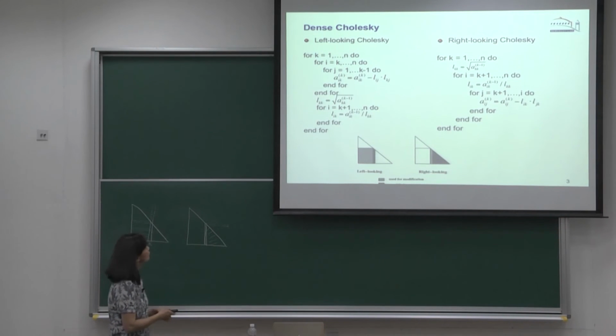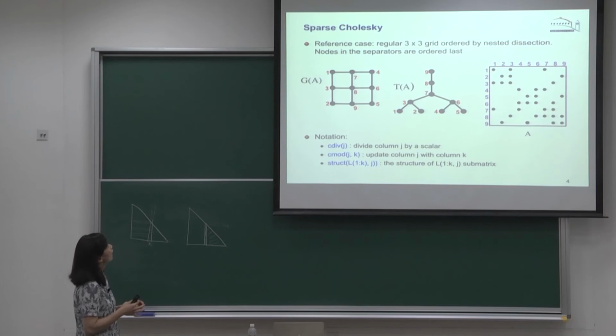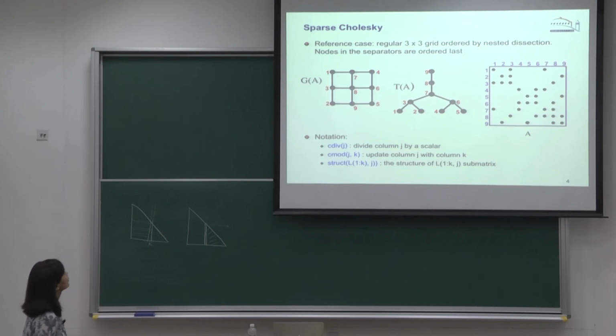And similarly for sparse Cholesky, you can do the same thing. So here we use a simple example to illustrate the process. Our reference case is a regular 3x3 grid. It's simple, and right now I'm numbering this in a nested dissection kind of way. So 1, 2, 3, and then 4, 5, 6, and 7, 8, 9 is the separator at the top here.